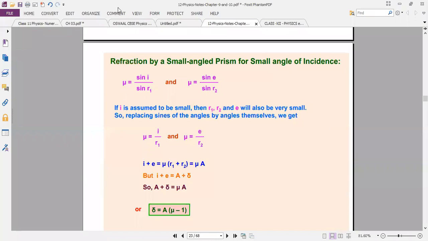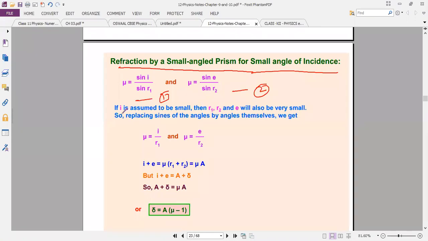Okay, next topic: refraction by a prism of small angle, for a small angle of incidence. New formula: sin I by sin r. Here I take equation number 1 and equation number 2: sin I by sin r1, and sin e by sin r2.